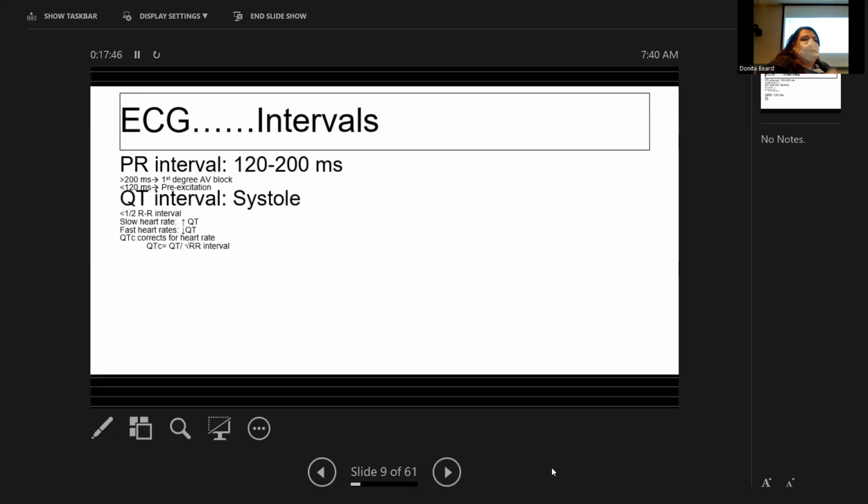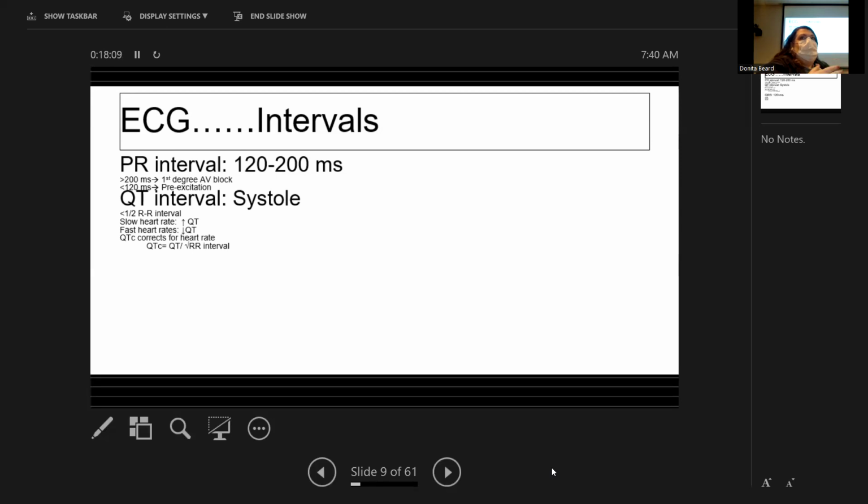QT interval is really what defines systole. So this is when the ventricles are contracting. They like to test this on any kind of test. They'll show you what looks to be a normal EKG, and they may give you some history where the patient may have hypocalcemia or something, but always be on the lookout for QT prolongation.